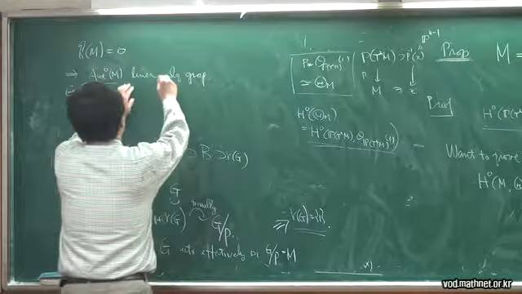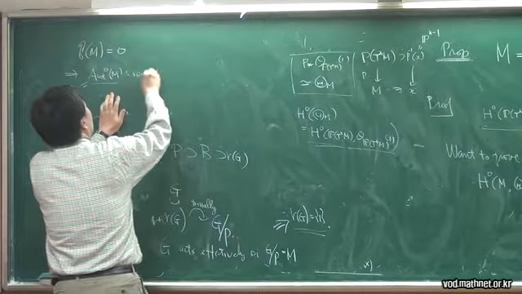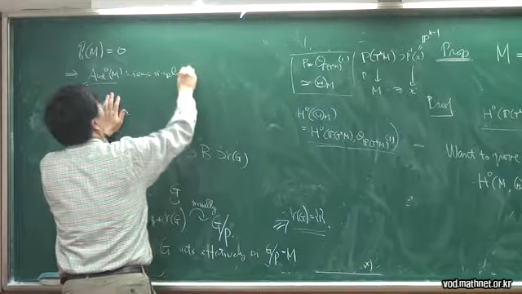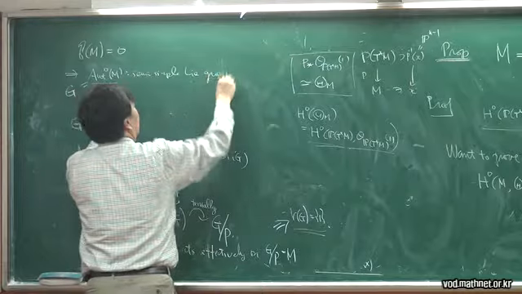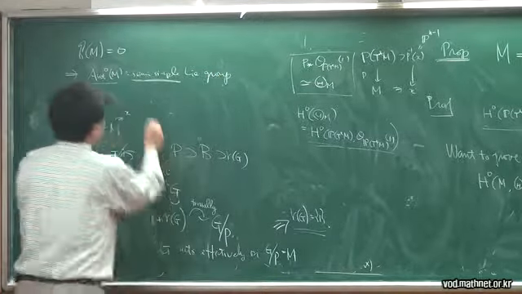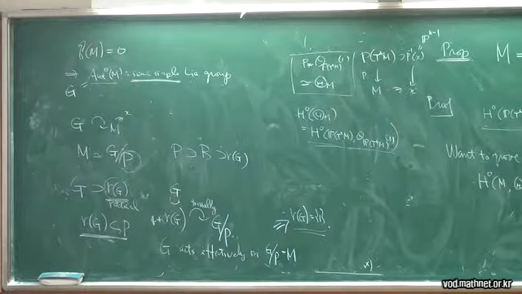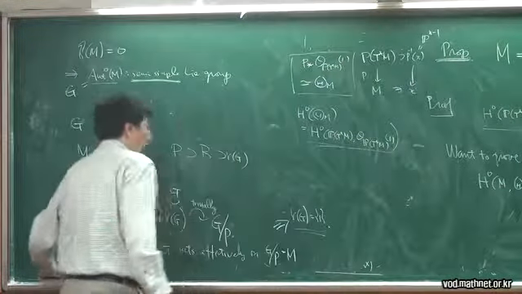So this should be a semisimple Lie group. This is a very important fact. So we have this. Okay, so now let's continue.